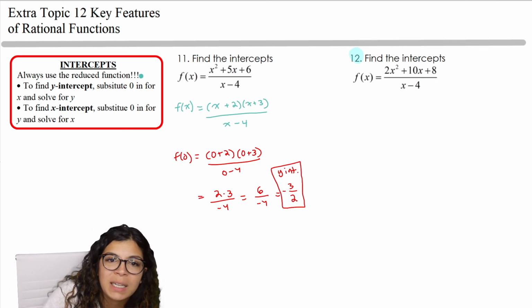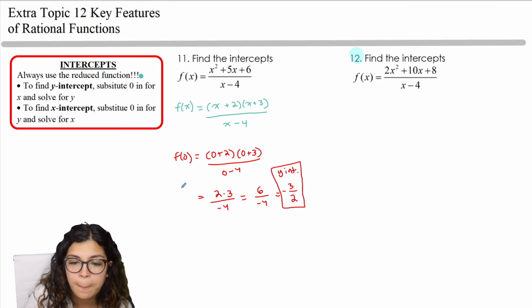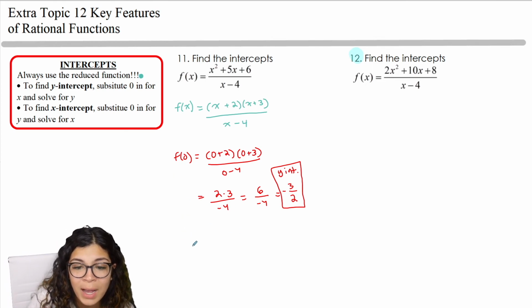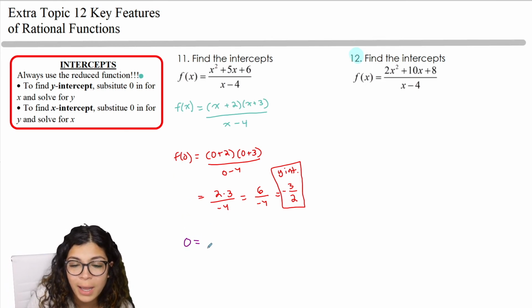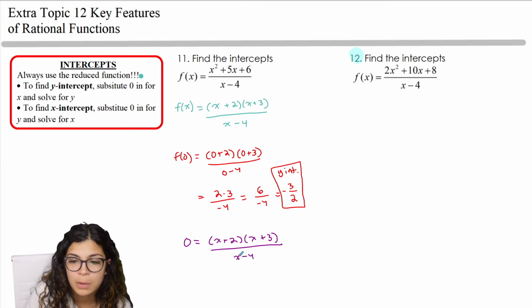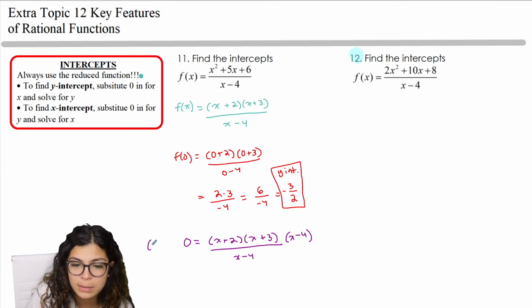Now let's find the x-intercept, okay? To find the x-intercept, I'm going to set the y value to be 0 and solve for x. Okay, now to solve for x, first I need to get rid of this denominator. So I'm going to multiply by x minus 4 on both sides.